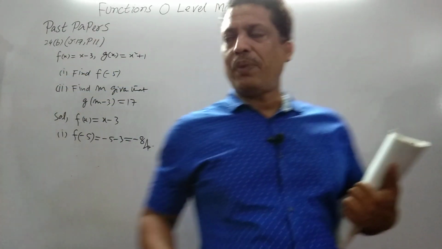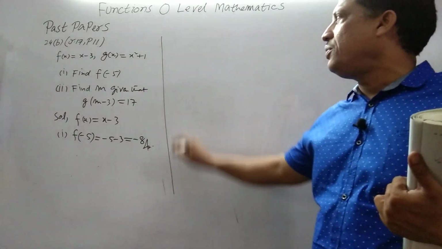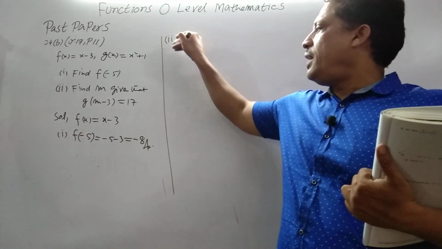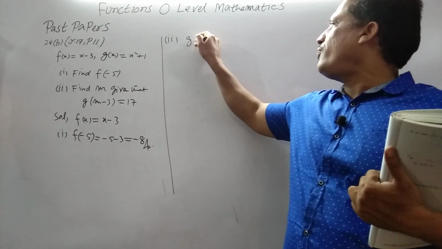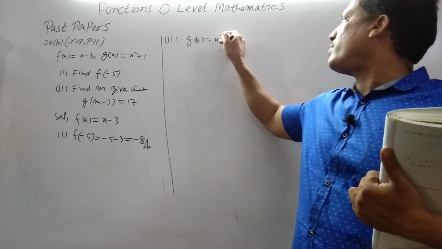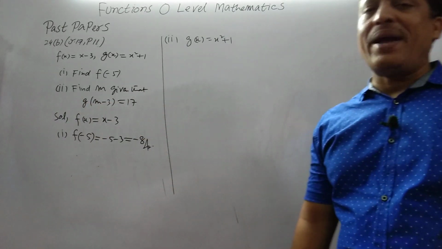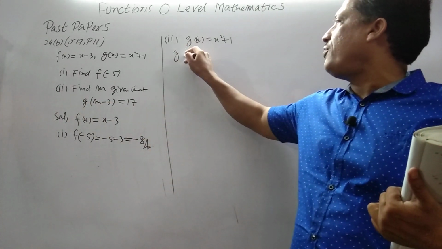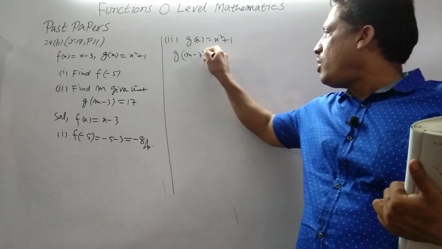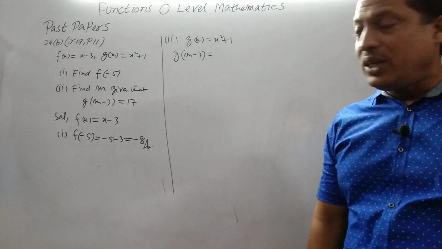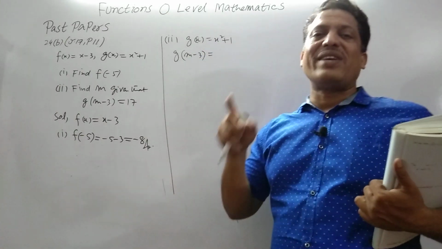Now come to part 2, which is related to g of x. First we write g(x) is equal to x square plus 1. Given g of m minus 3, first we have to find g of m minus 3. We put m minus 3 where we see x.